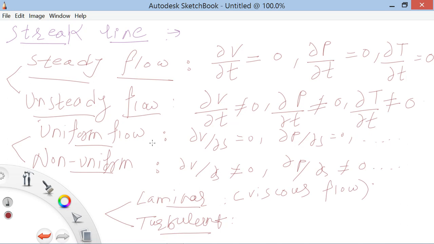Then exactly opposite to this is turbulent flow. When the fluid particles move in an entirely indisciplined manner, which results in rapid and continuous mixing of fluid from one layer to another, leading to the formation of eddies also, meaning rotating bodies, then the flow is called turbulent flow.